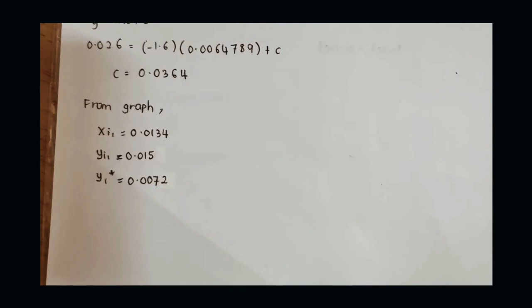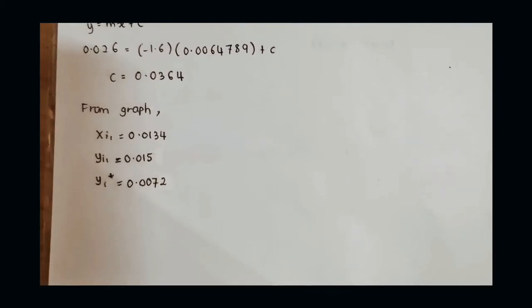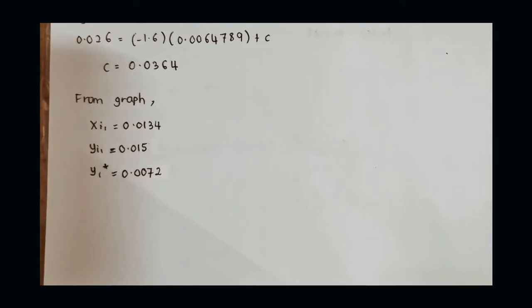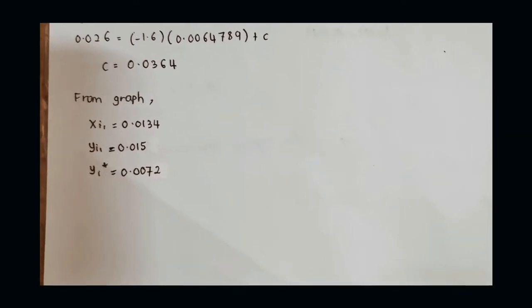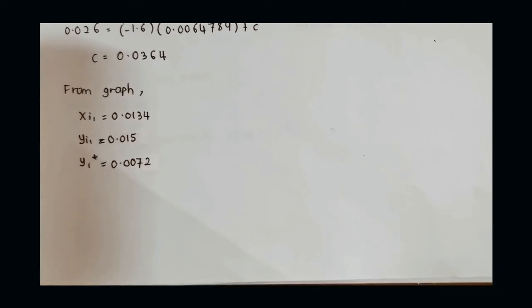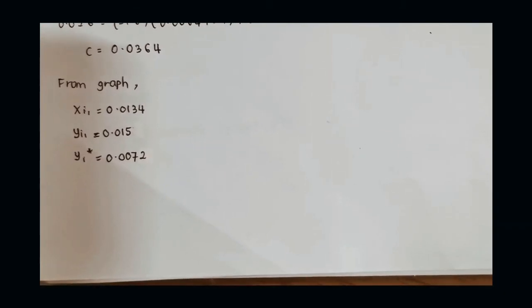So from the graph just now, we got xi1 equals 0.0134, yi1 equals 0.015, and y1 star equals 0.0072. The xi1 and yi1, we will use inside the original equation to find the slope for the back absorption column after this.